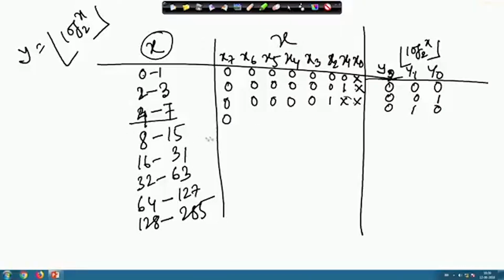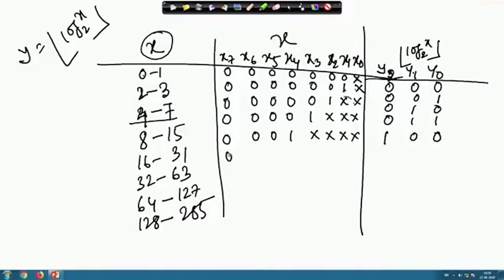Then for the 8 to 15 range, how can I write? This will be 3. In the same manner, it will be 4 for this, say 32 to 63 the range will be something like this, and for that I can write 5.